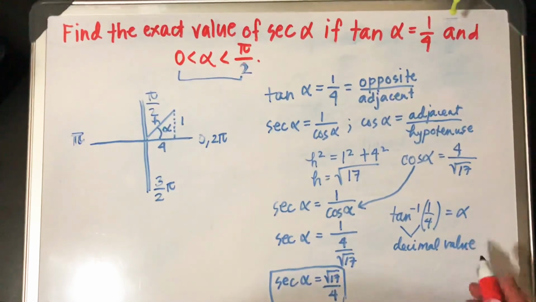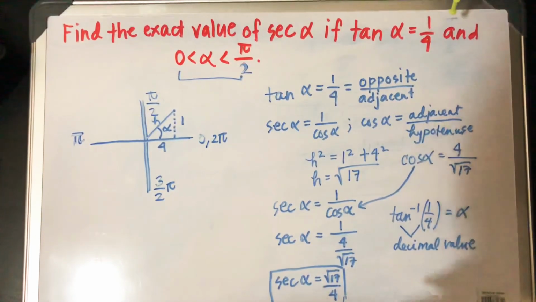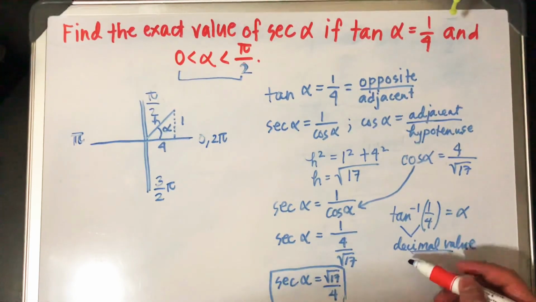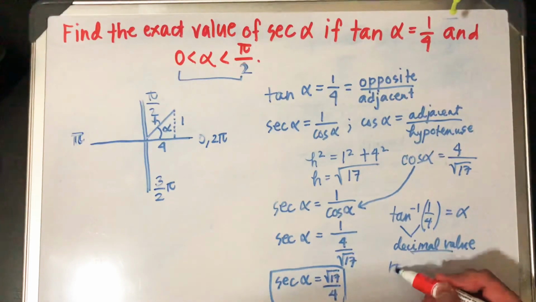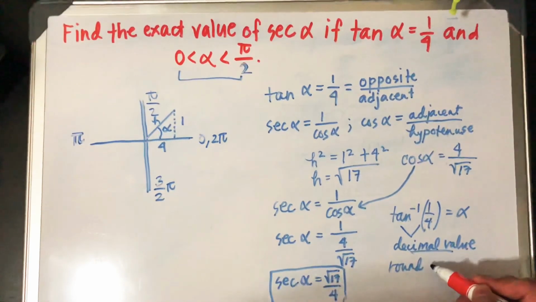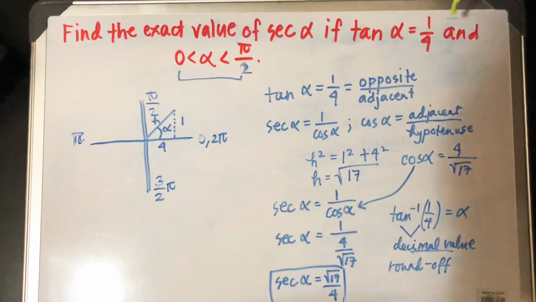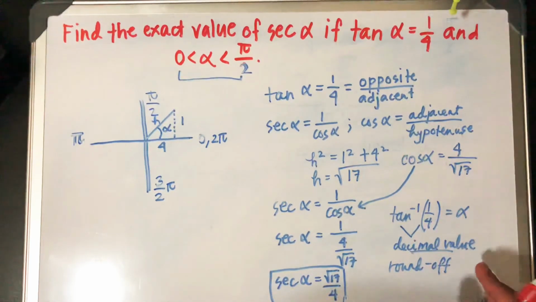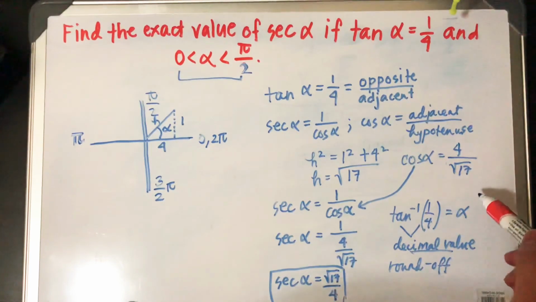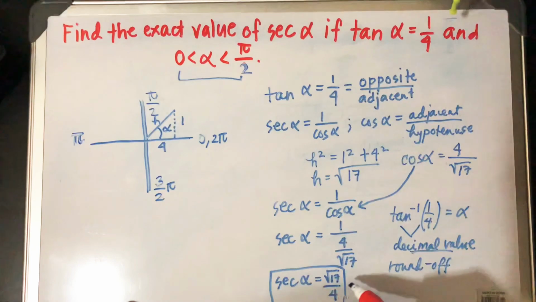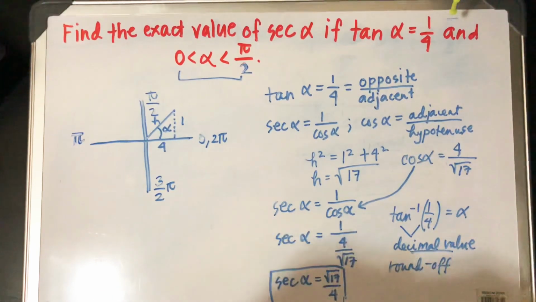Although there's nothing wrong with getting a decimal value, the problem is that we have the tendency to round off the value, say to 2 decimal points or 4 decimal points, and it will not give us an exact value for the secant alpha. Okay? So, that's it.